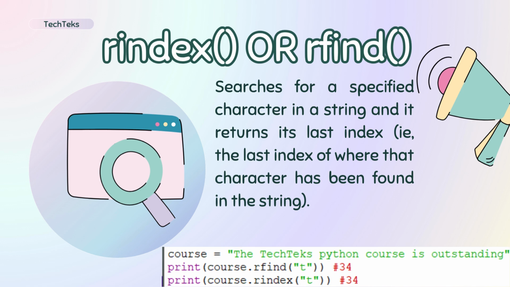But what it does is give you the index, the position, of the last T, of the last character that you specify, which is T in this case. And the last T here is the last T in outstanding. That position is 34, so it outputs 34.